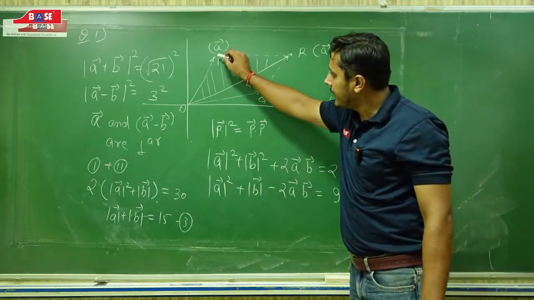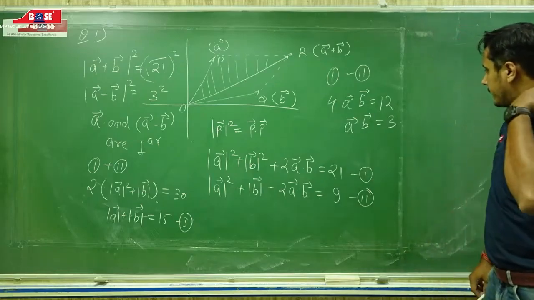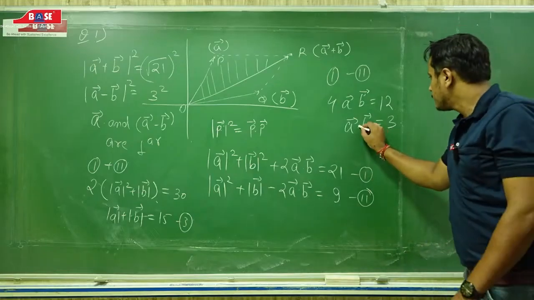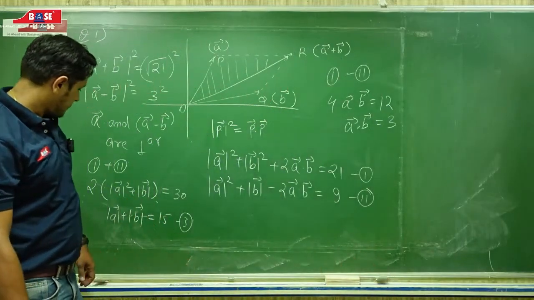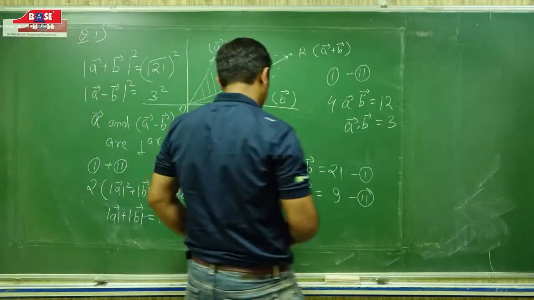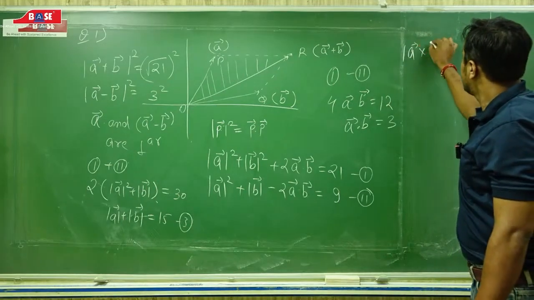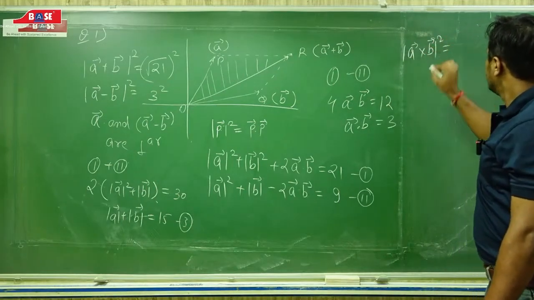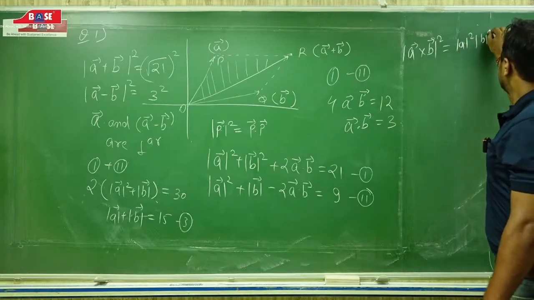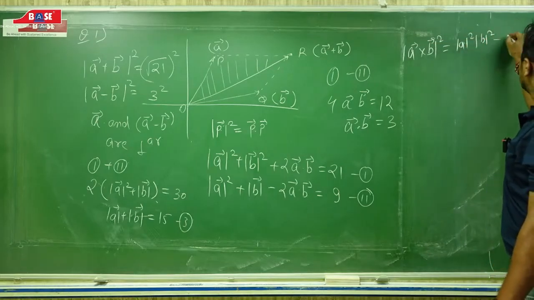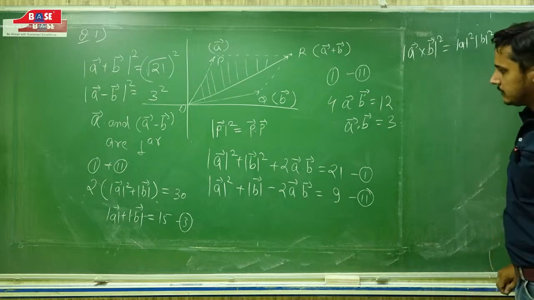So if I find this complete area, because from here this information what I can find is a cross b. Using Lagrange identity, this is equal to mode a square into mode b square minus a dot b square.